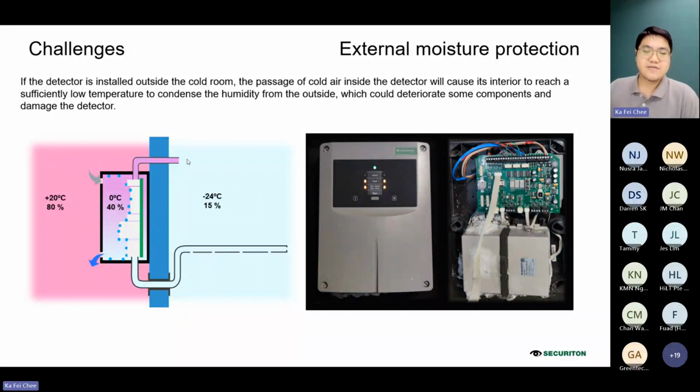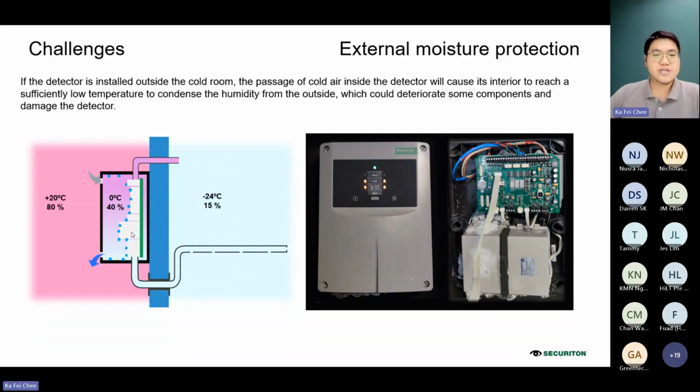Okay, then if you plan to install the ASD outside, the cold air from the inside will be taken by the ASD into the smoke chamber for analysis of the smoke particles. Then it will be returned back to the room.